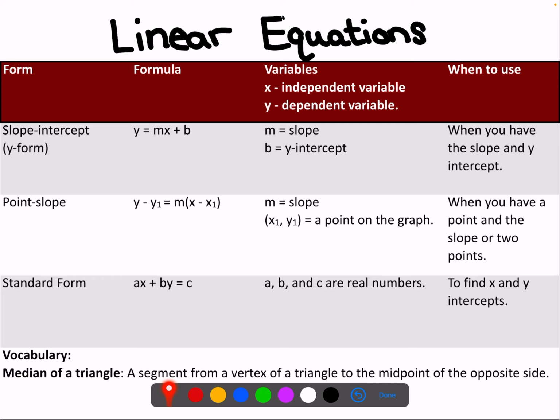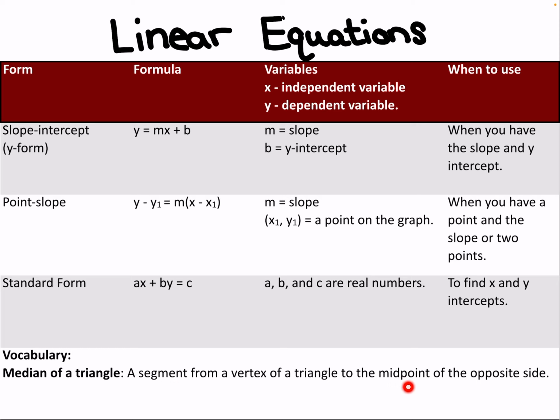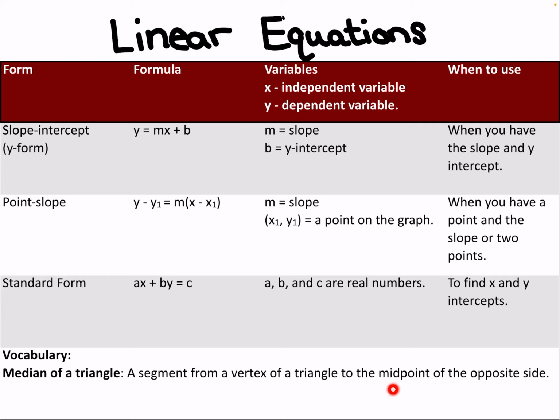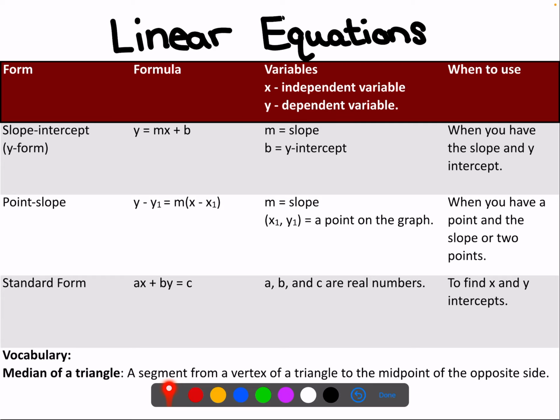And medians go to the midpoint. So medians also split segments down the middle. So that's a good way for you guys to think about medians: a median when you're driving is the middle of the road. It's what separates the middle of the road. And a median within a triangle separates the segment of the triangle into 2 equal parts.